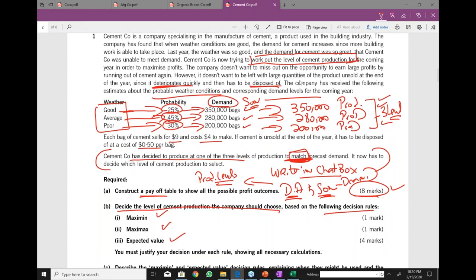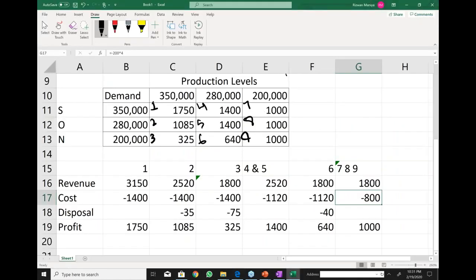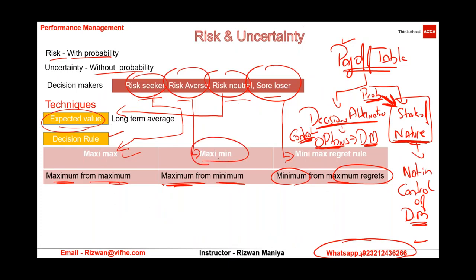So friends, maximax, maximin, minimax regret rule. If I take help of my slide here, this is maximax, maximin. Starting first with maximin, what does it mean?